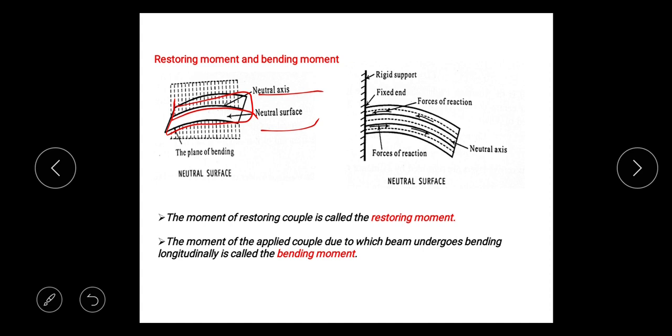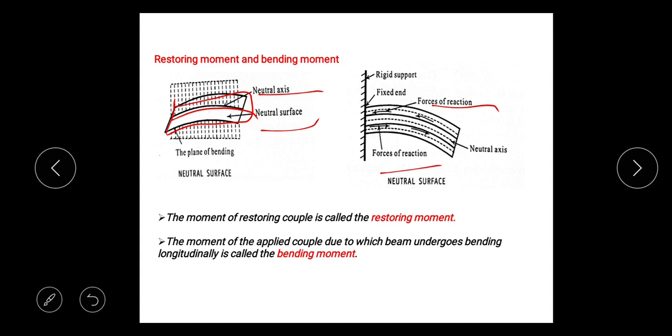Now I'll go for the next concept, restoring moment and bending moment. When a uniform beam is bent, the forces of reaction develop in the body of the beam. Forces of reaction as shown here. These forces develop an inward pull towards the fixed end for all layers above the neutral surface and an outward push for all layers below the neutral surface.